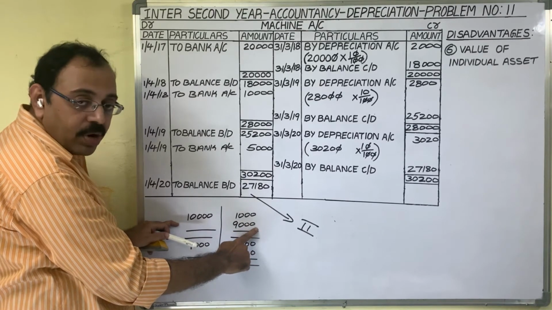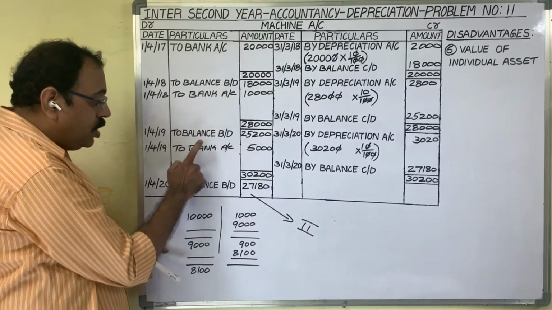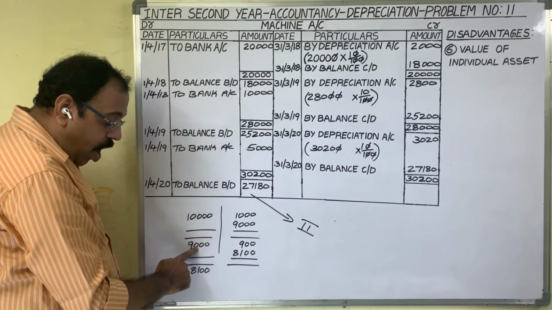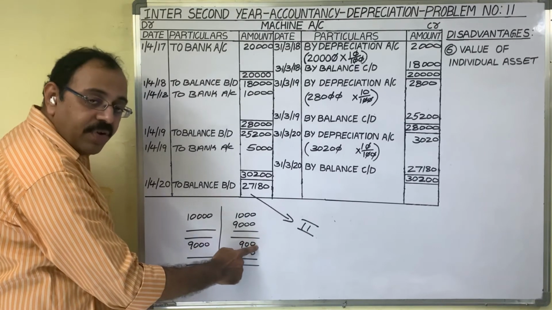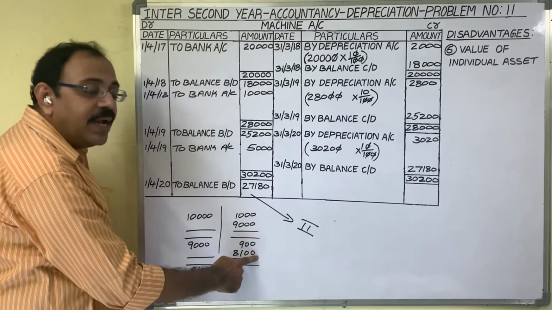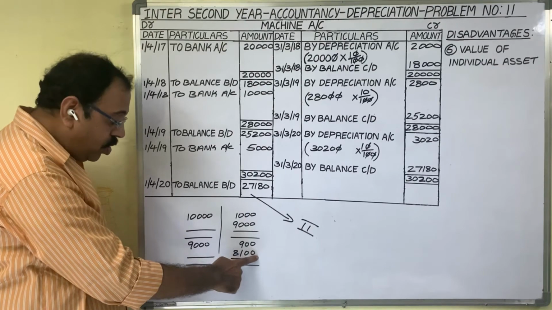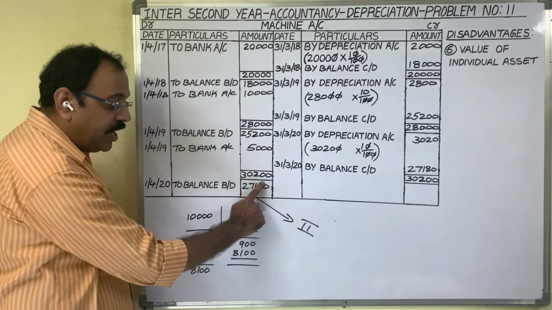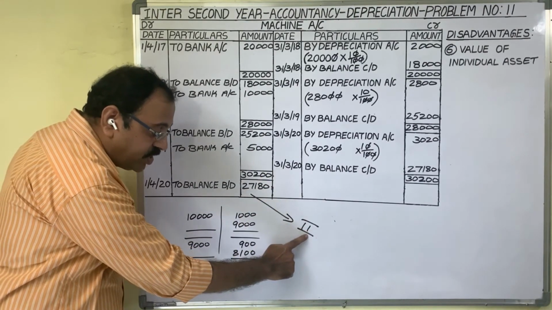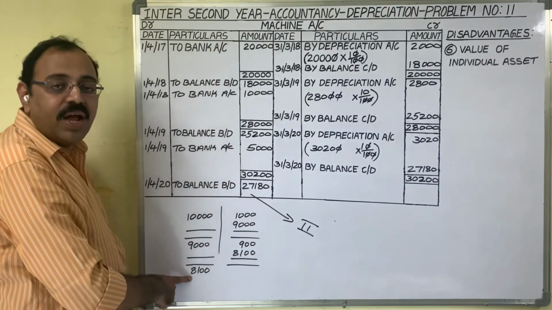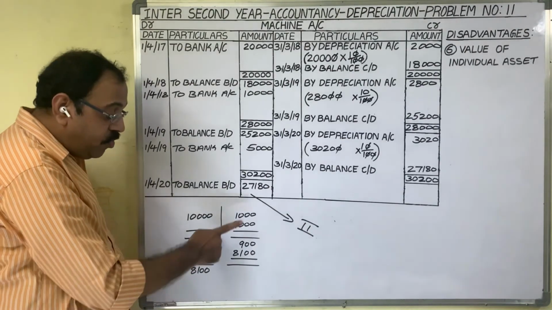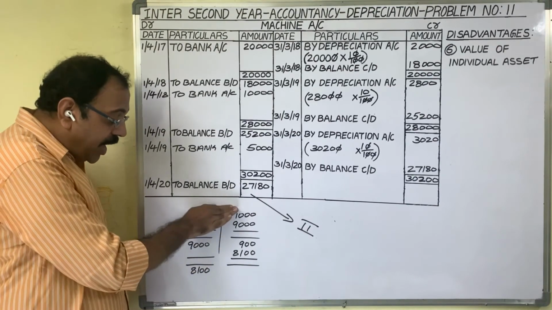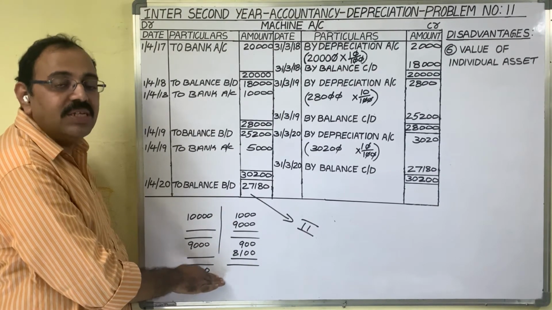Then balance carried down is 9,000. Bring that to the third year. Opening balance of the second asset is 9,000. On that 10% becomes 900. Then balance carried down is 8,100. So on this date, in this 27,180, the opening balance of the second asset is 8,100. Thus, if you want to know the value of any individual asset, separate calculations are needed, which is difficult.